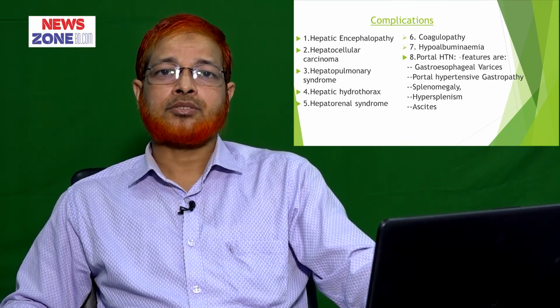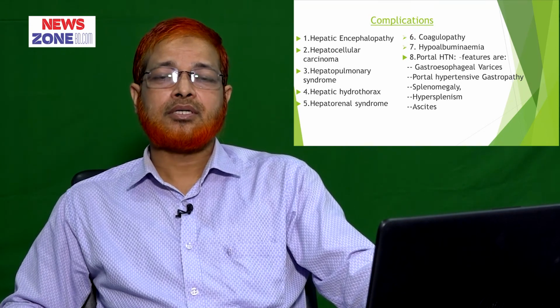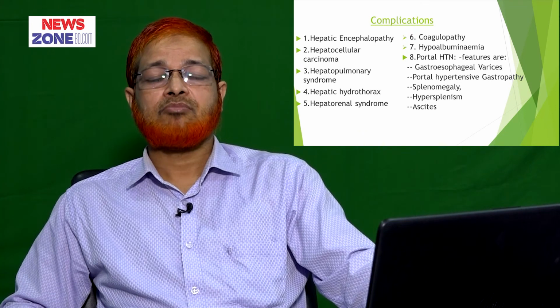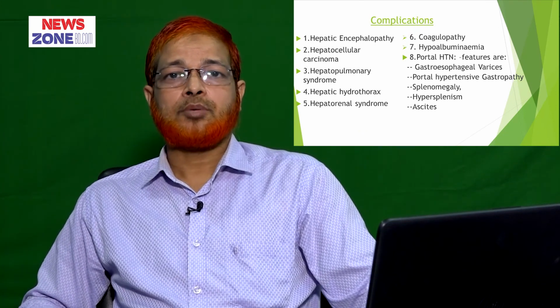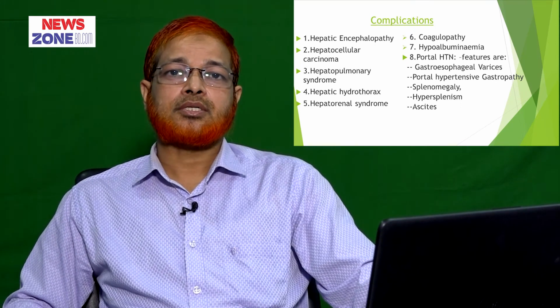With portal hypertension, the patient may develop hematemesis or melena from variceal bleeding. Sometimes you can see caput medusae and ascites, which are complications of liver cirrhosis.